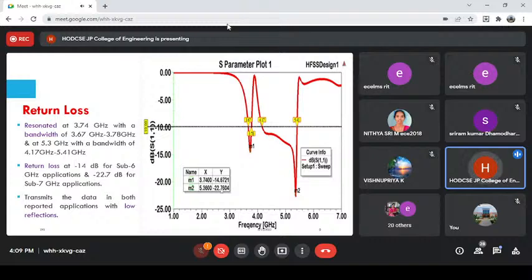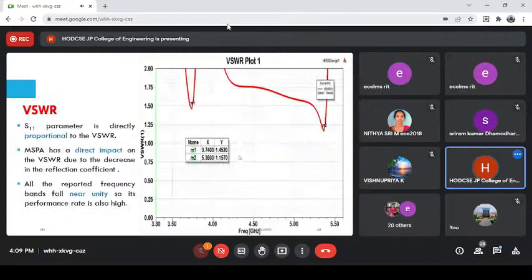Here the condition is fully satisfied at these two bands of frequency. In the VSWR plot, for the first frequency, 3.74 gigahertz, it is 1.45. The condition for VSWR is that it should be very near or close to unity. Here we have achieved this at these two frequency ranges.